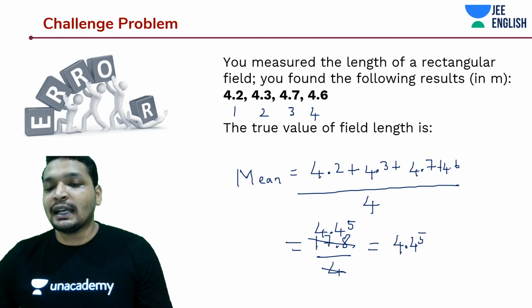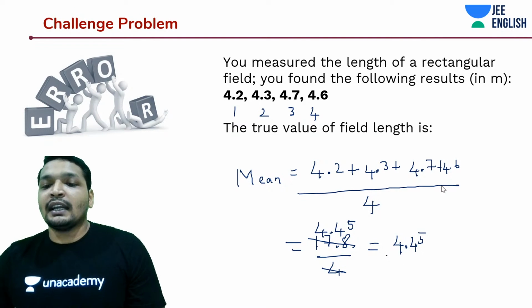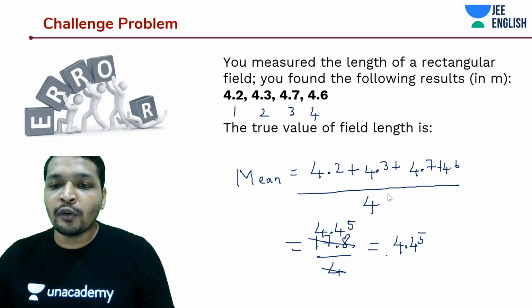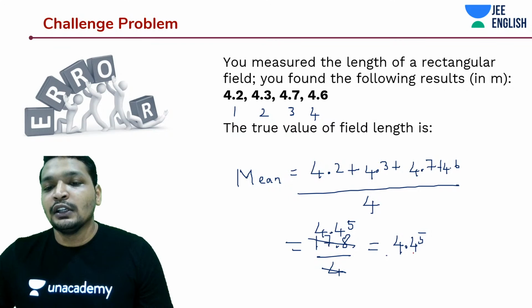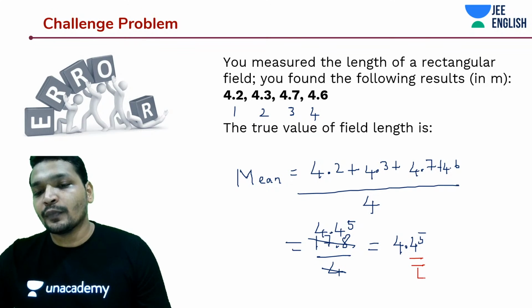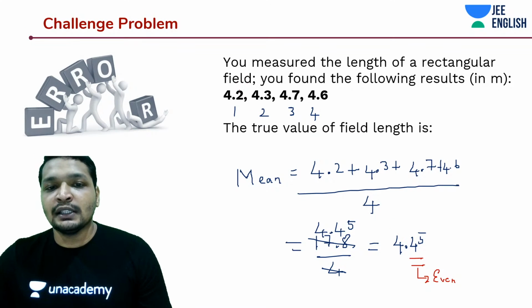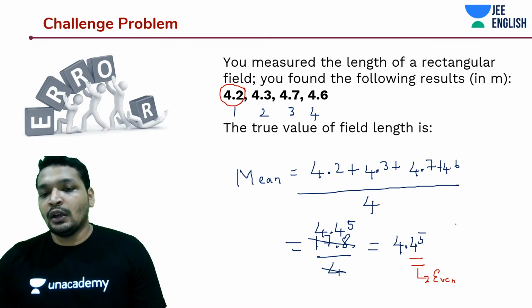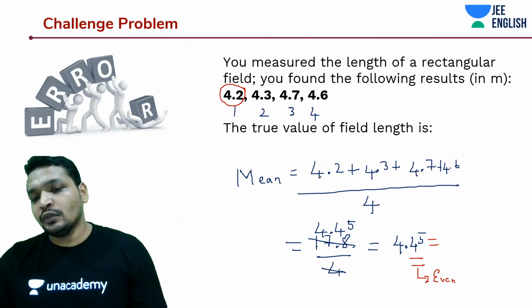But what is the correct value? Is it 4.45, 4.46 or 4.4? I have to round off to the least decimal place, which is only 2. Now I have to round to even.